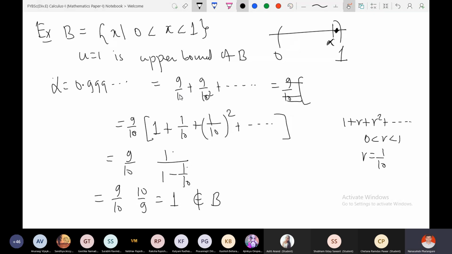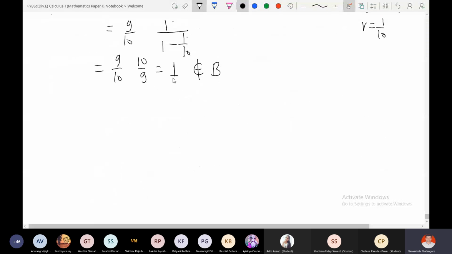But as the power of mathematics, you can understand what this number is without writing these 9s infinitely many times. This number is 1.